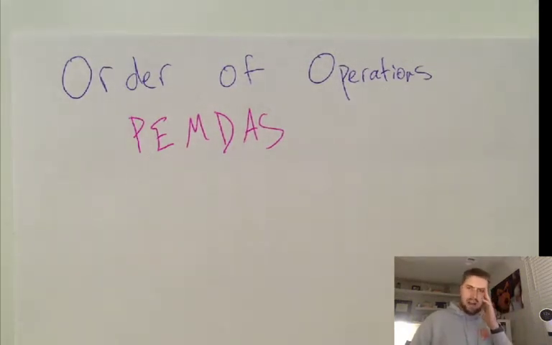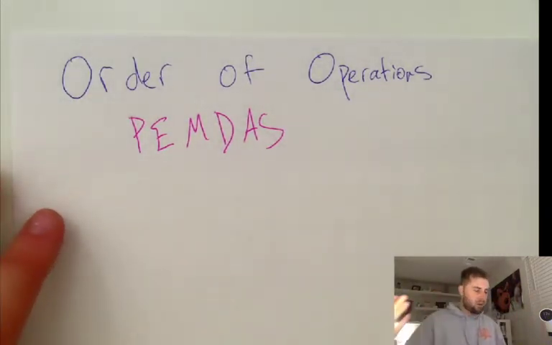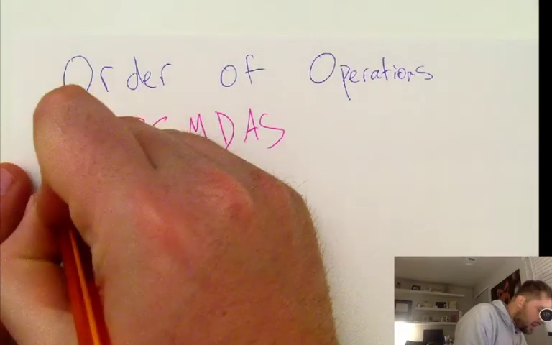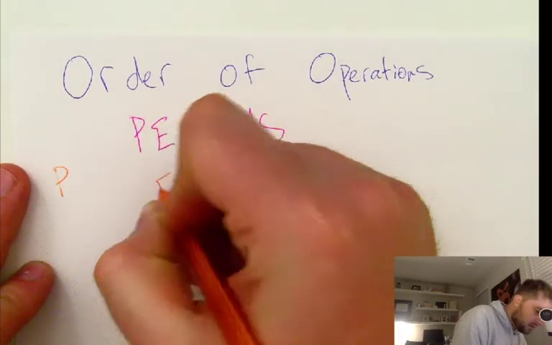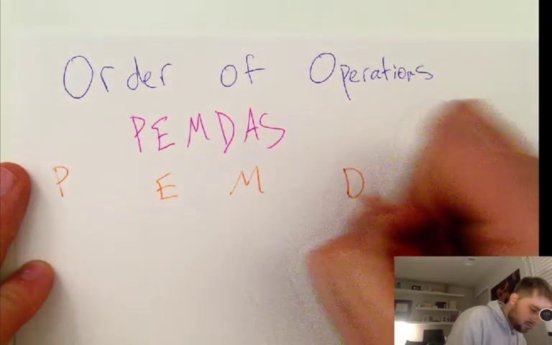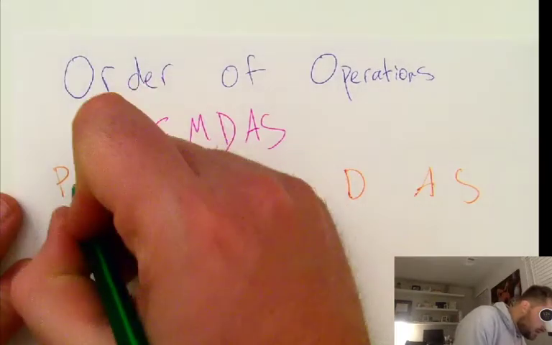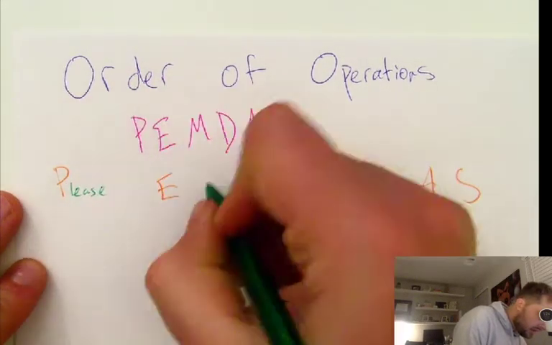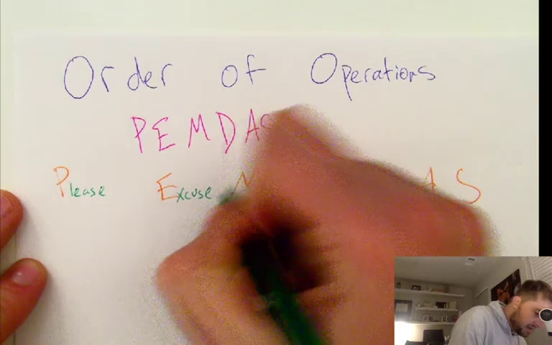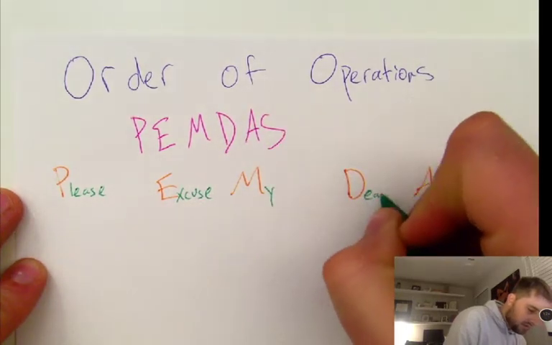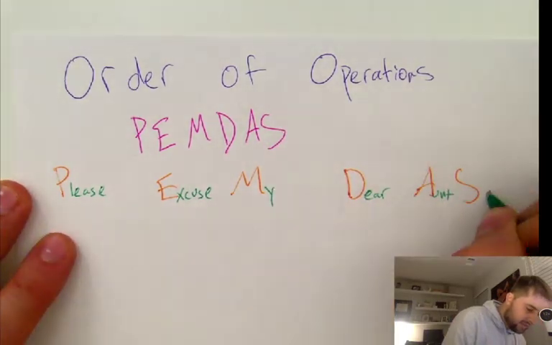We have a mnemonic device, and we remember a mnemonic device helps us remember the order of something. We said, please excuse my dear Aunt Sally, or Susan, or Susanna.